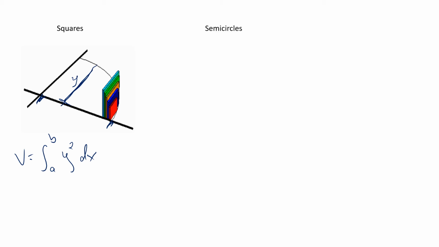How about semicircles? That looks kind of like this, where each piece is a semicircle and it moves up. So again, if we think of this as y, we can find this. The area of a circle is pi r squared.